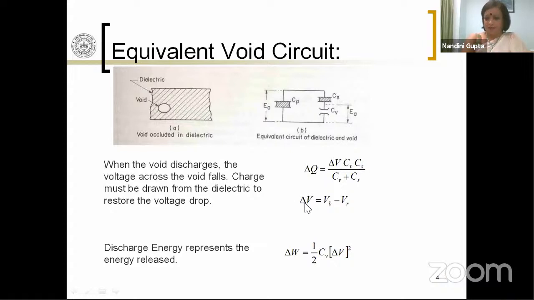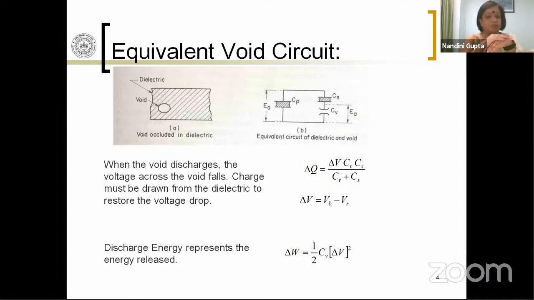What is delta V? Delta V is the voltage VB. If VB is the voltage required across the void to cause discharge, so VB is the voltage across the void at the instant of void discharge, and VR. Now, I have just said that once discharge happens, the voltage across the void goes to zero. This is an ideal situation when all the charge on the surfaces of the void is dissipated.